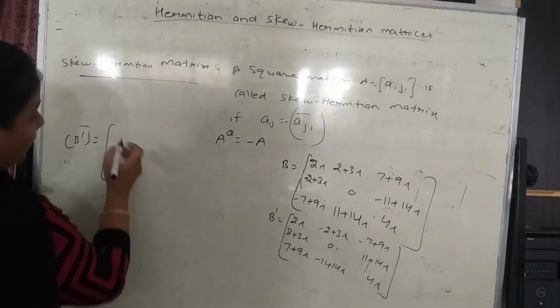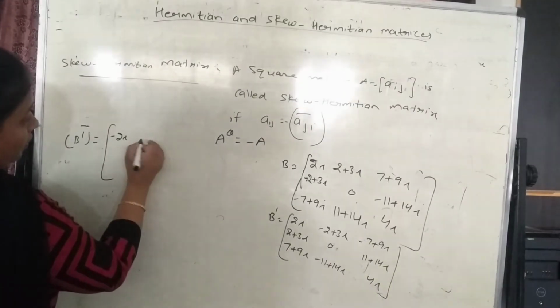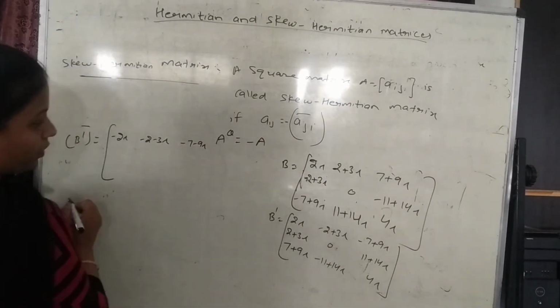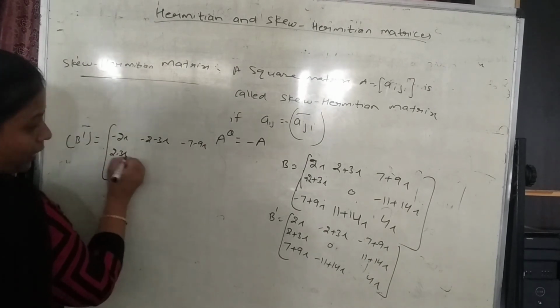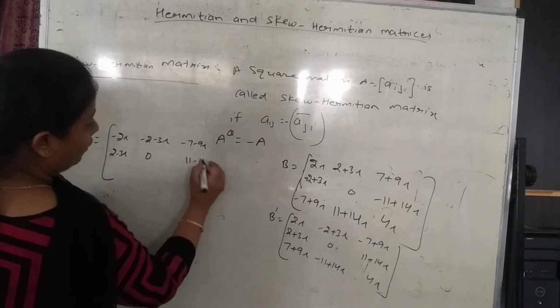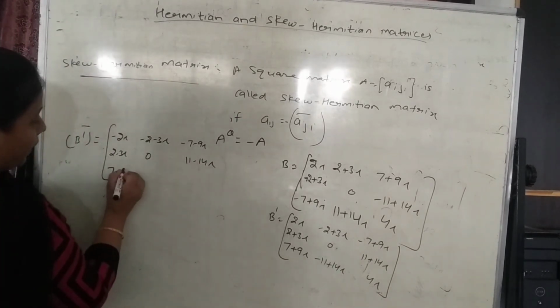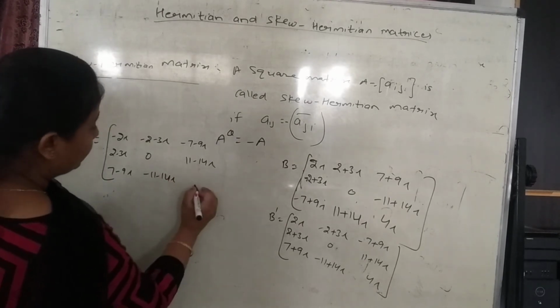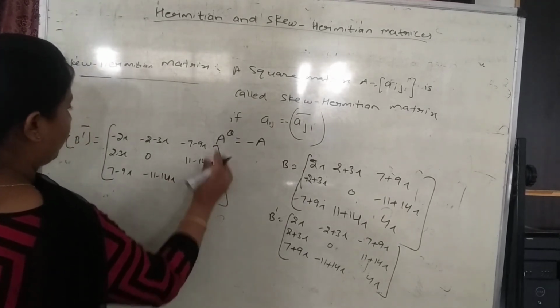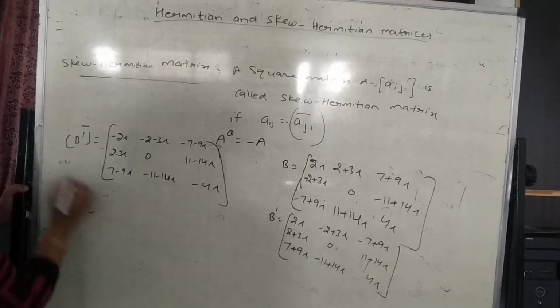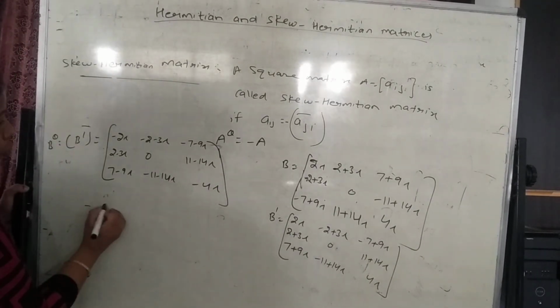It will become minus 2 iota, minus 2 minus 3 iota, minus 7 minus 9 iota, 2 minus 3 iota, 0, 11 minus 14 iota, 7 minus 9 iota, minus 11 minus 14 iota, minus 4 iota. Now it is B theta.